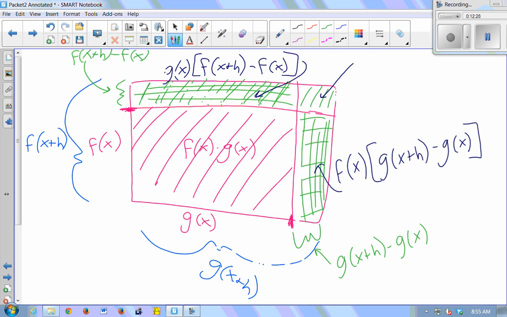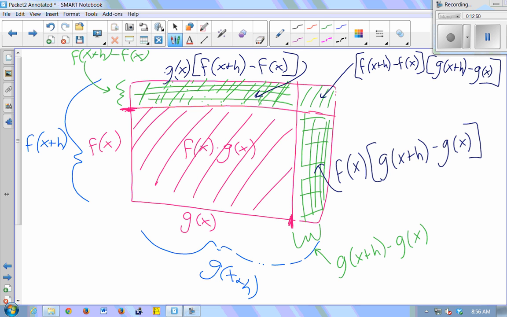What's the area of the corner? Yep, f of x plus h minus f of x times g of x plus h minus g of x.